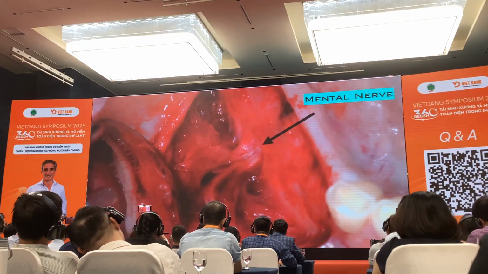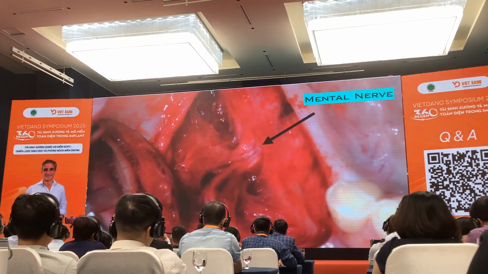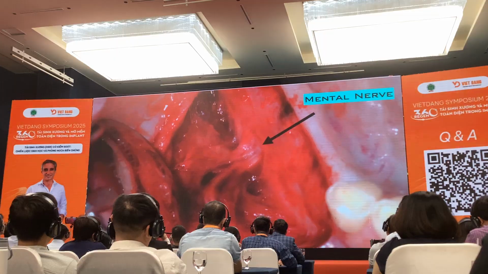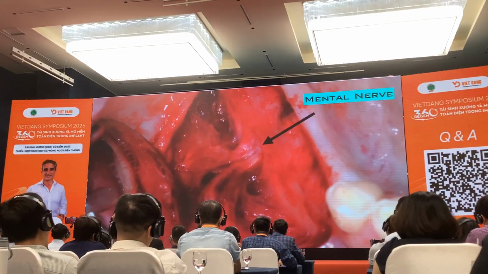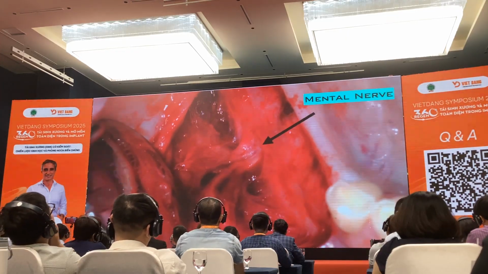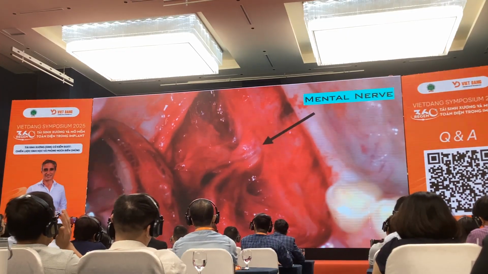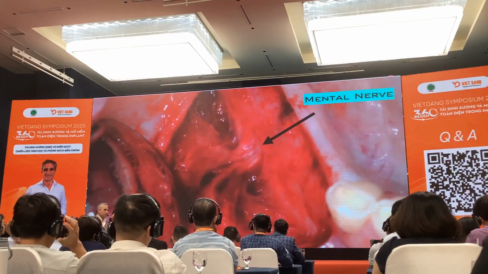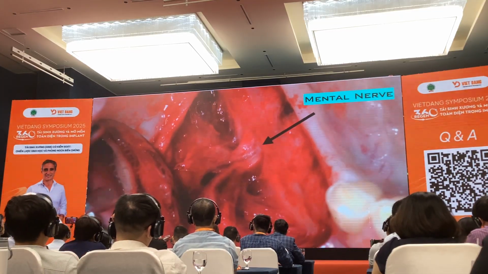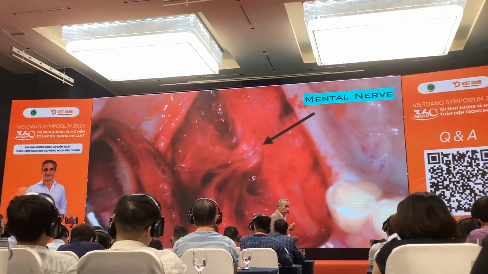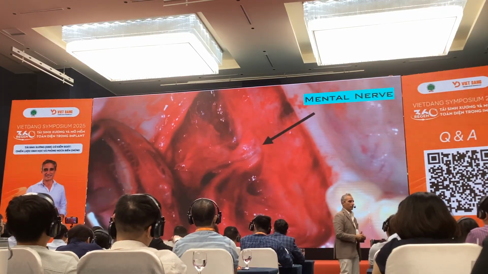If you want to restore the depth of the fornix, you have to place the profile of alveolar mucosa at the level of the mental nerve. In this way, you manage to correct the depth of the fornix. In this way, you can avoid damaging the nerve during the suturing.